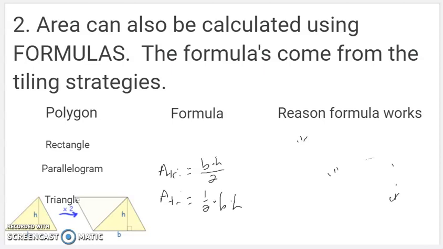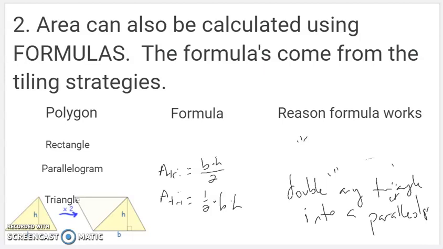They multiply by 1/2 more often than dividing by 2. Same thing, either one totally works just fine. The reason that works is you can double any triangle into a parallelogram. So pause here, write that down, and we are almost to the end.